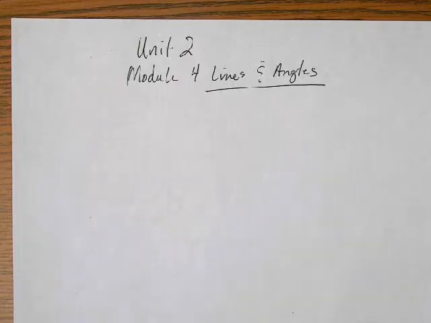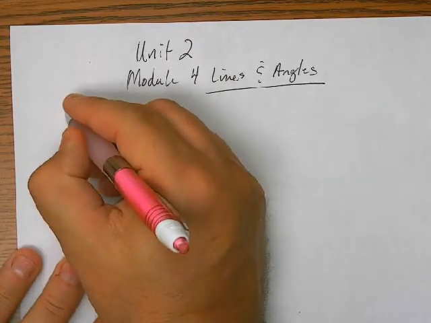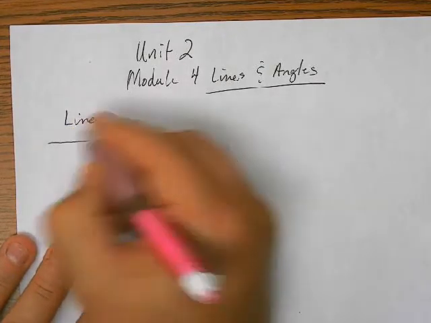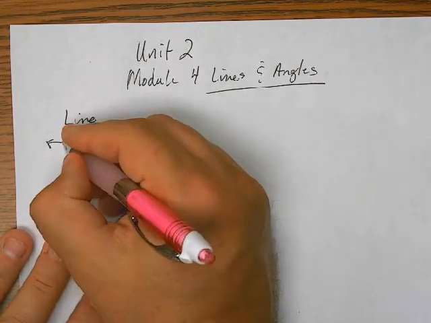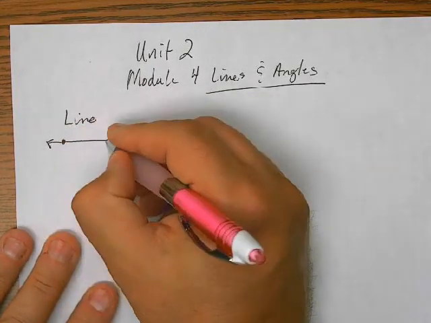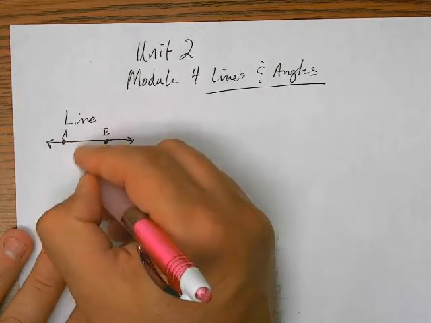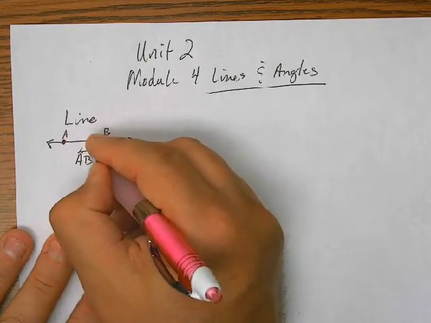All right, so let's first of all review what a line and an angle is. A line, this would be for your notes, is represented with arrows on both ends. But we also have it labeled with 2 points. And many times it looks like that.